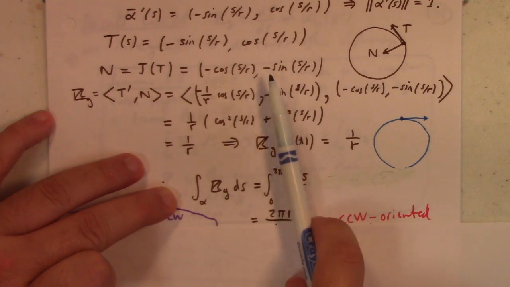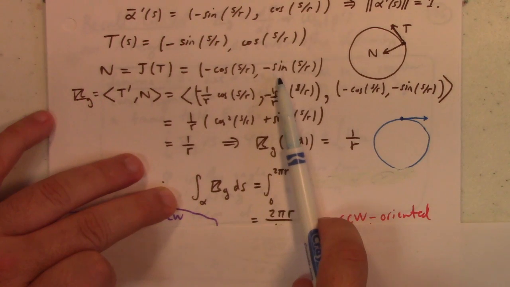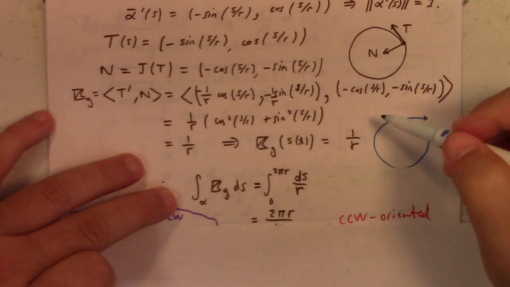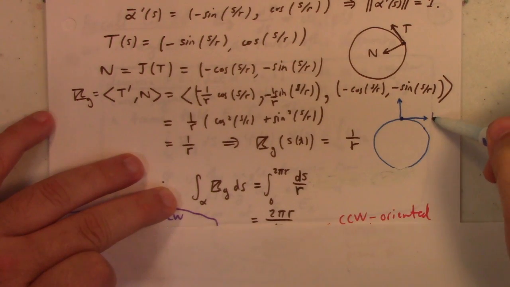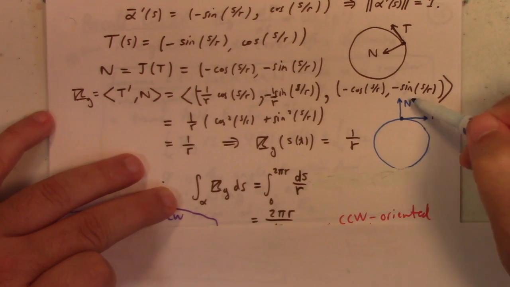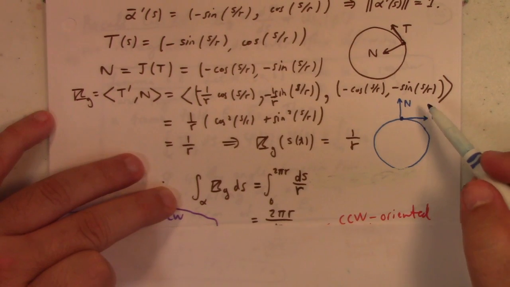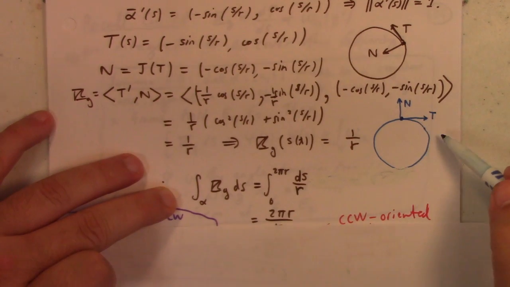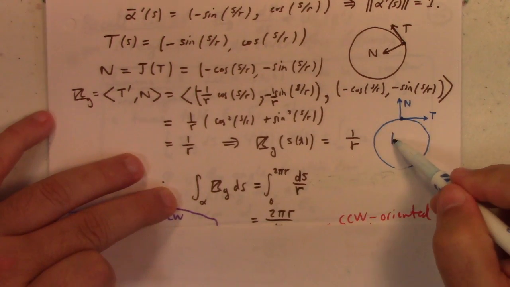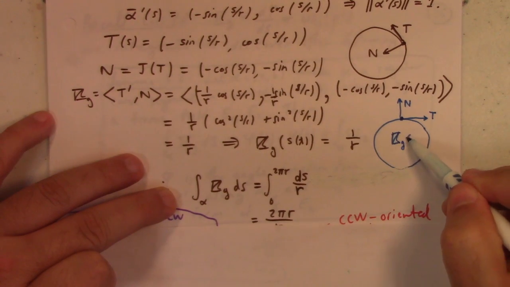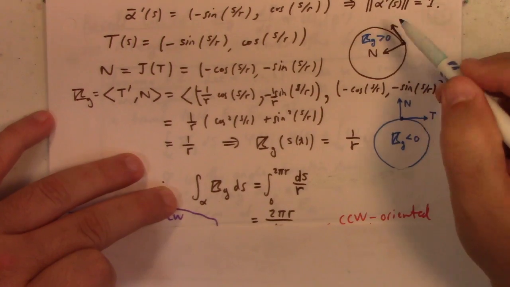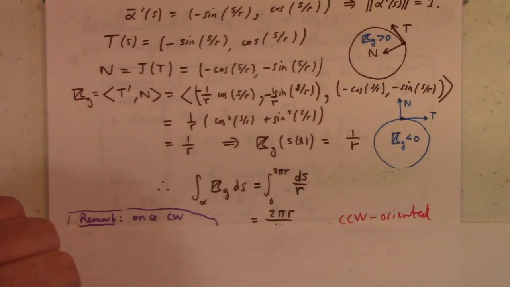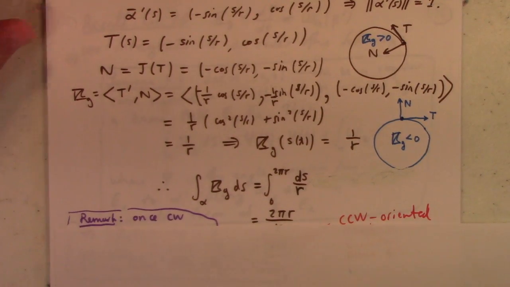That puts the normal out here for the clockwise. That would be the difference, and that's why the geodesic curvature would be negative, because the circle is falling away from the tangent. So this would be the geodesic curvature less than 0. Of course, the other one is geodesic curvature positive, as we just calculated. Otherwise, the calculation would go through the same, and you'd get minus 2 pi.